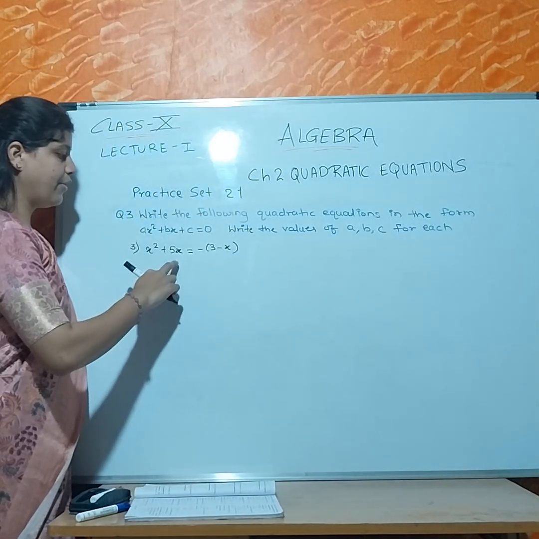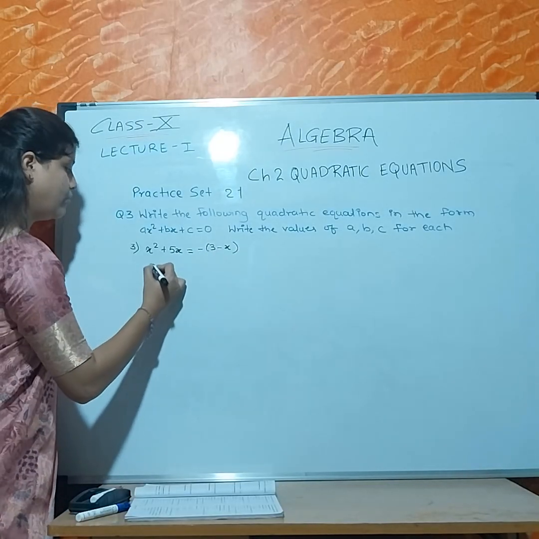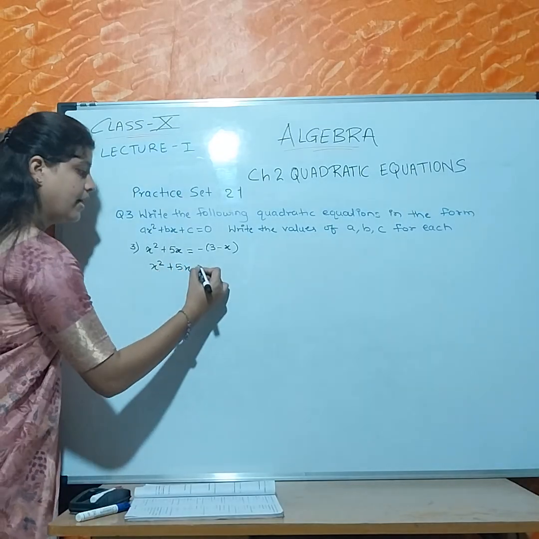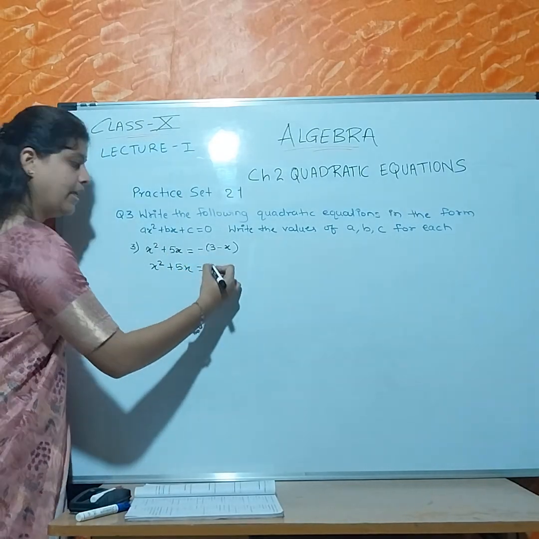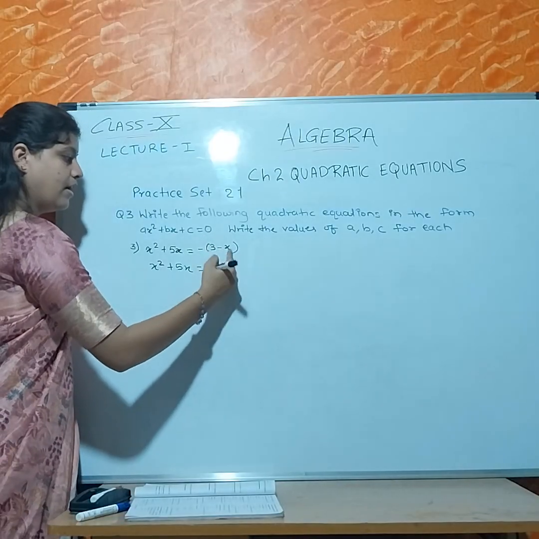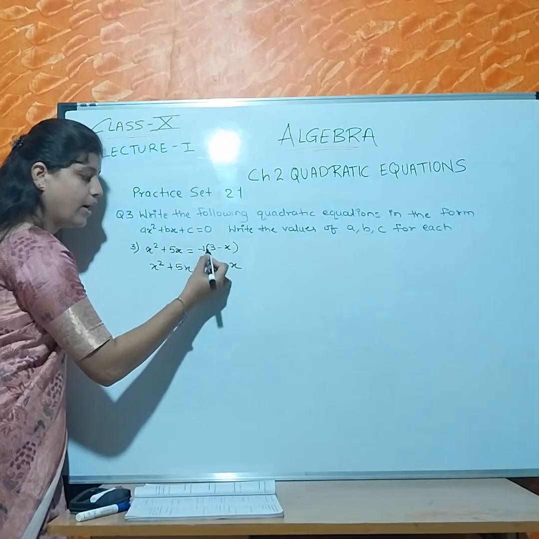x square plus 5x is equal to minus, in bracket, 3 minus x. Now see, x square plus 5x, we will solve this equation first, is equal to minus 3, minus minus plus, and here is x. See here minus nothing but it is 1 here.